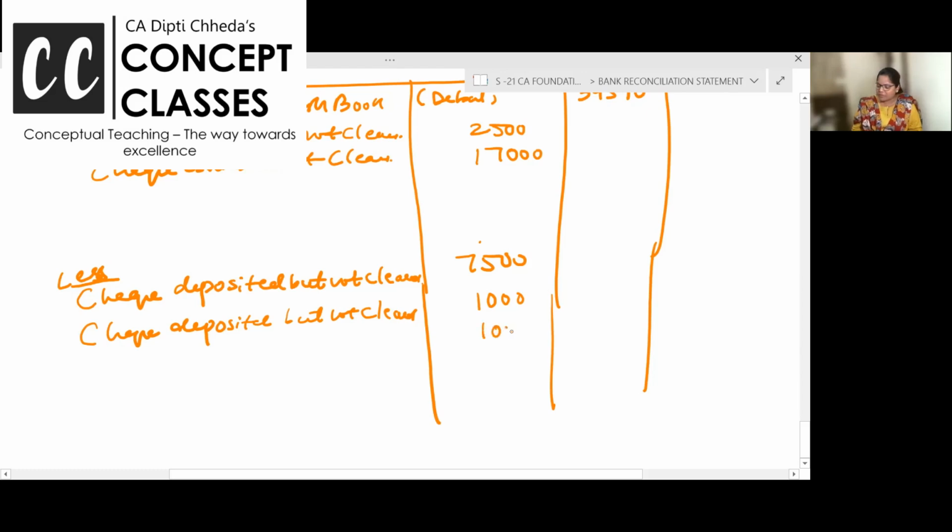So 1,000 rupees will come here on the credit side. Check entered in cash book, not deposited.